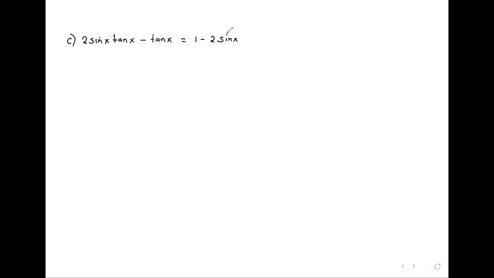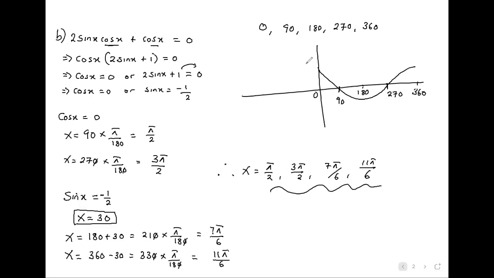So first, let's put everything together. No, 30 is not the solution. 30 was just helping us. So 30 is a reference angle that helped us to get other angles from the third and the fourth pattern, because you need 30 for you to get 210 and 330.